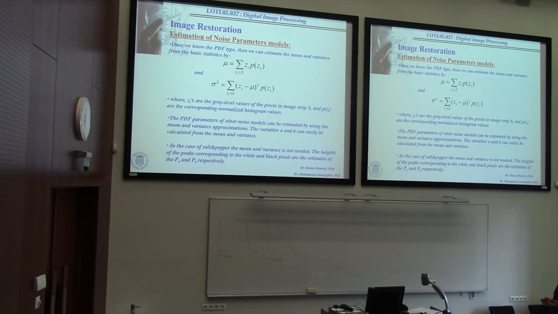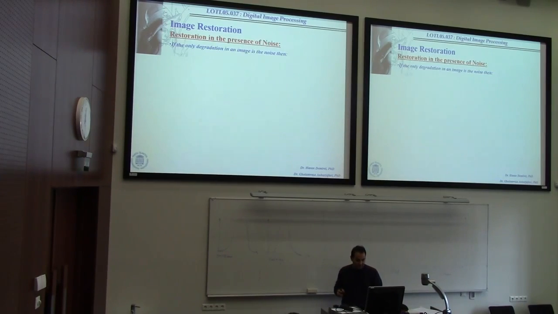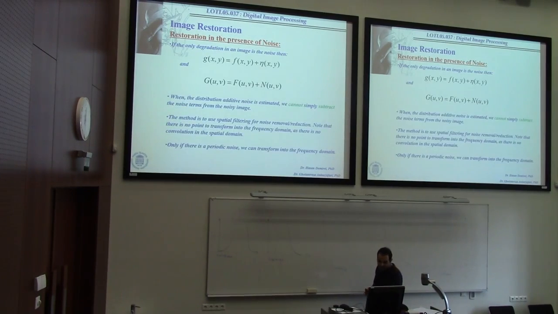Then when we have the mu and variance of the function, easily you can find, for example, A and B here, and also for that operation we can easily find the region of the noise in our image.